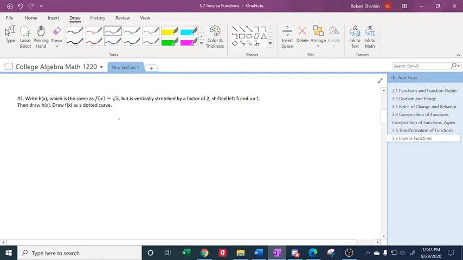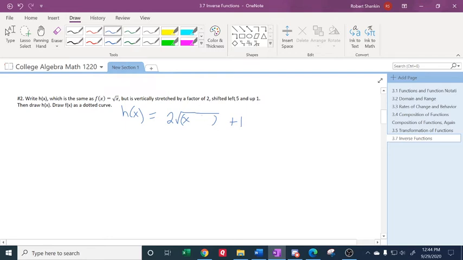Okay, so h of x, let's go, it's vertically stretched by a factor of 2. So now every height just became twice as high. Shifted left 5 units. Now, if that's the case, we have to replace x with something, and up 1.